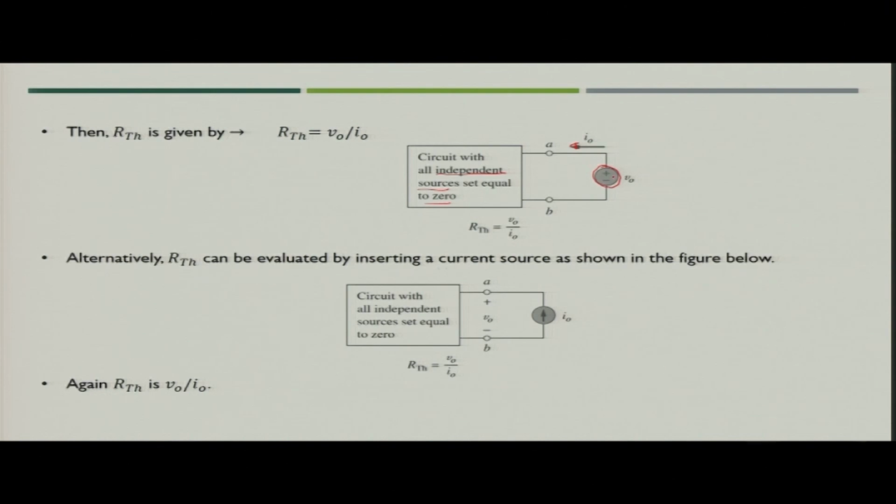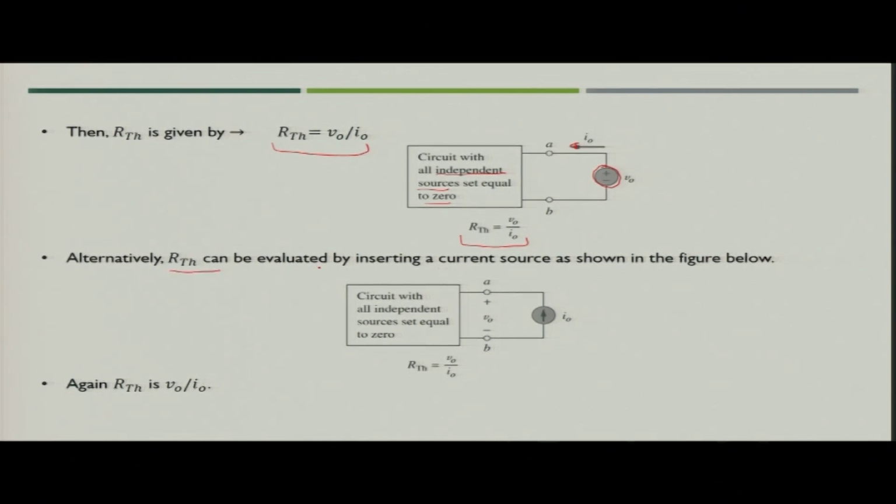Whatever current is flowing into the terminal A B, divided into the voltage which you are applying, that is V naught divided by I naught, would give you the value of the Thevenin equivalent resistance, that is RTH.